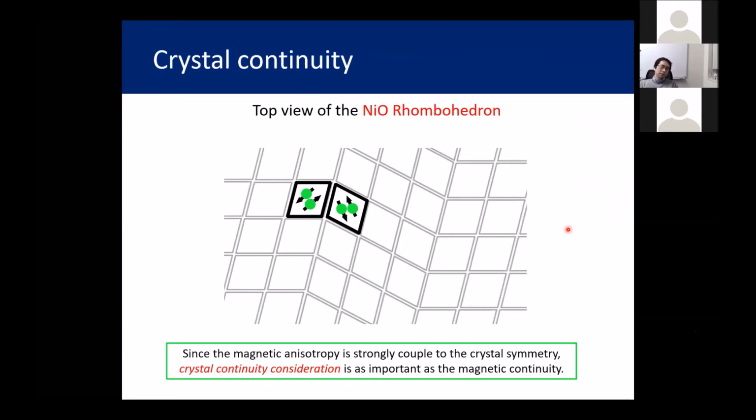Since each T domain has its own rhombohedral strain, crystal continuity must be satisfied between T domains like this when we align all the unit cells that I showed in the last slide. By the way, the T of the T domain actually comes from the crystal twinning due to this crystal continuity.